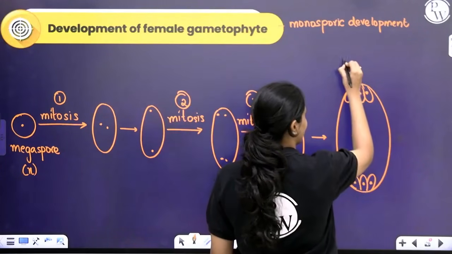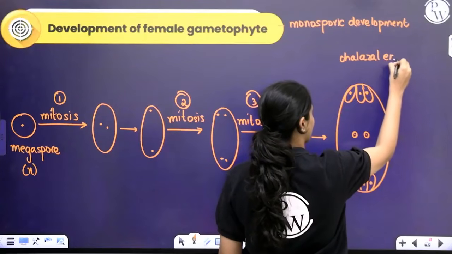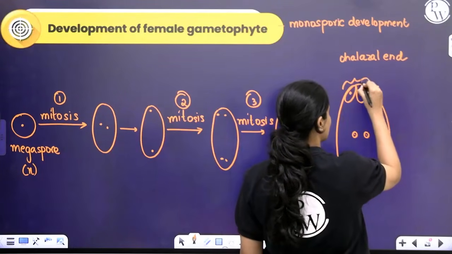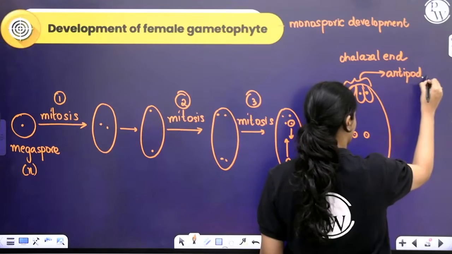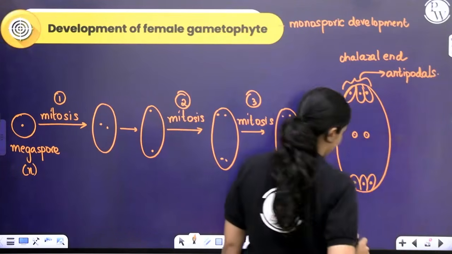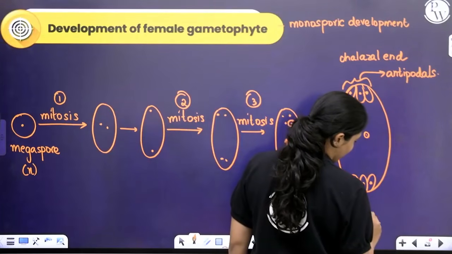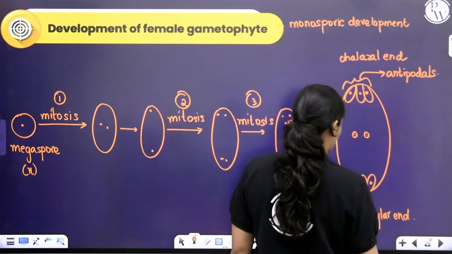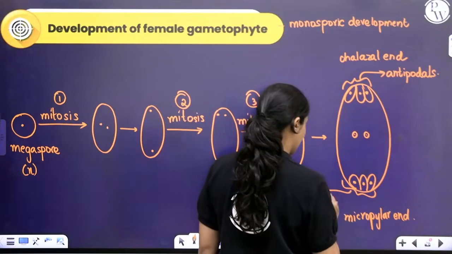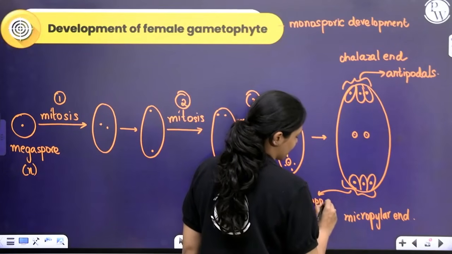The cells present at the chalazal end, these three cells are known as the antipodals. The cells present towards the micropylar end, these three cells together constitute the egg apparatus.